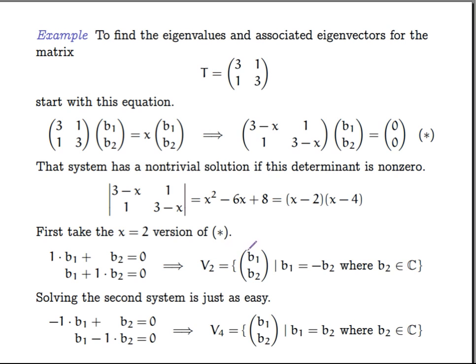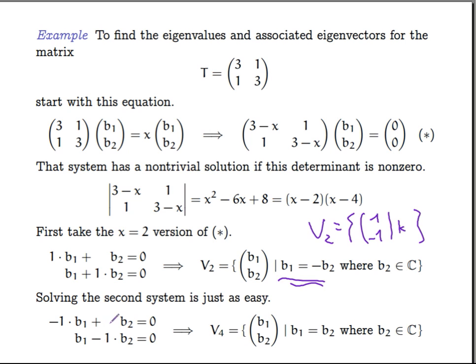So I have 1, minus 1, times k. All right, in this solution, when you do Gauss's method and you get the solution in terms of B1 and B2, I could write this as V4 is equal to any scalar multiple times 1, 1, because the two components are equal. So that's 1, 1 times k.